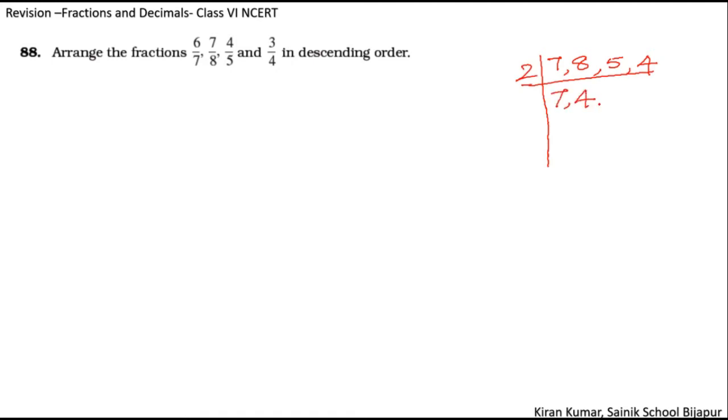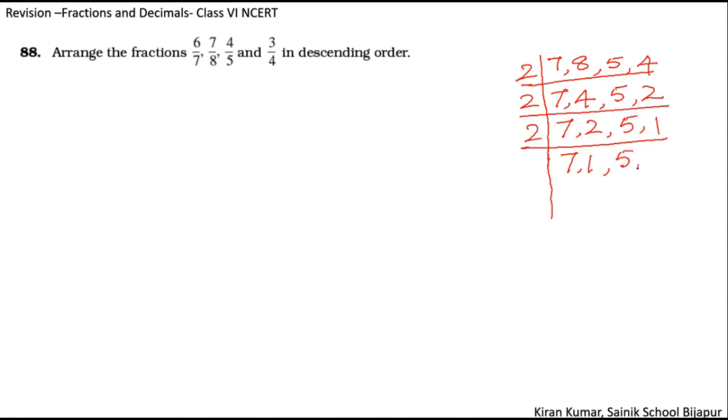7 written as it is, 2 4 times, 5 written as it is, 2 2 times, further divisible by 2, 7 written as it is, 2 2 times, 5 one time, one more time 2 is there, so we get 7 as it is, 2 one time, 5 and 1 divisible by 5, so the remaining numbers write as such.